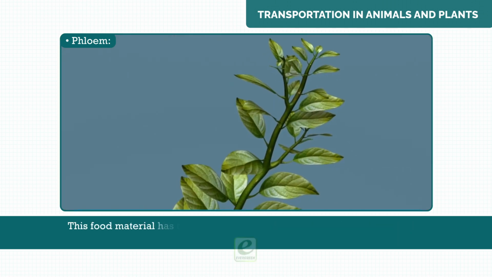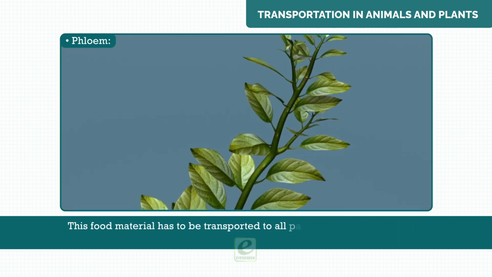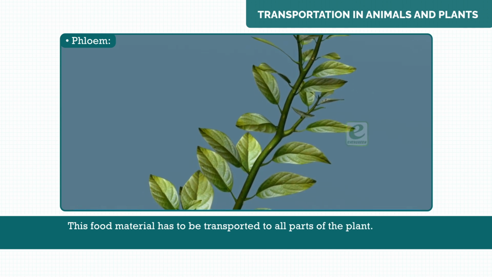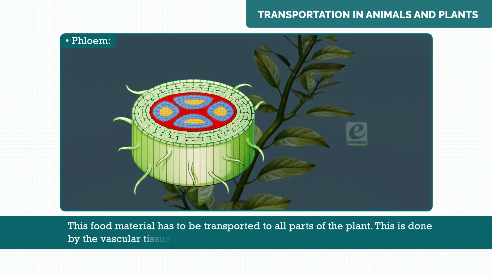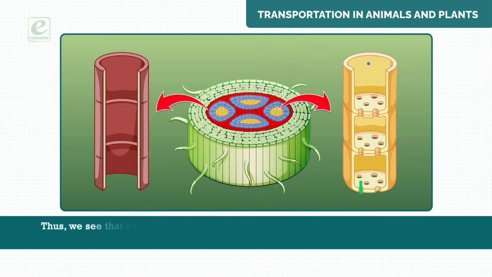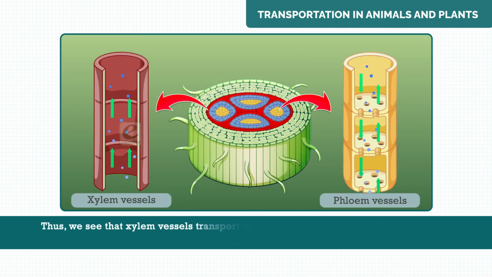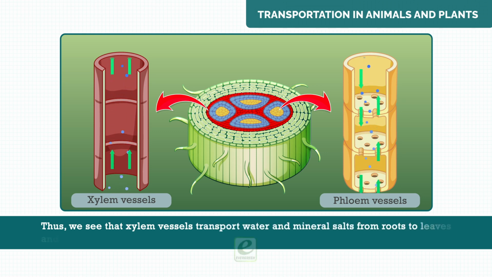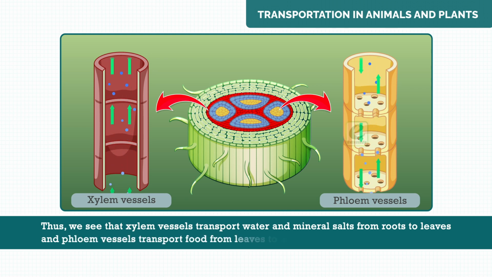This food material has to be transported to all parts of the plant. This is done by the vascular tissue called the phloem. Thus, we see that xylem vessels transport water and mineral salts from roots to leaves, and phloem vessels transport food from leaves to all parts of the plant.